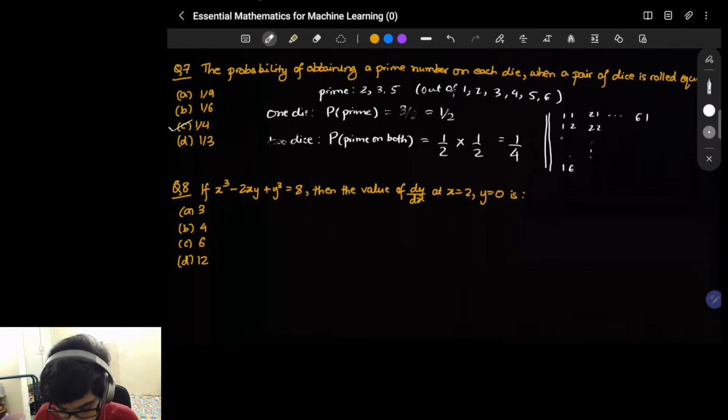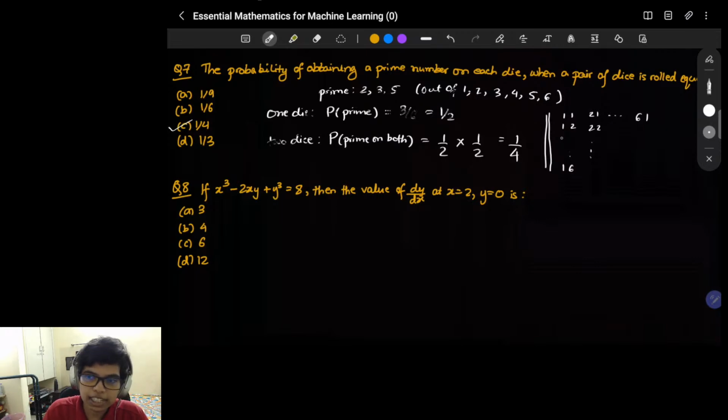So prime on the first die but not on the second die, prime on the second die but not on the first die, and prime on both or prime on none.